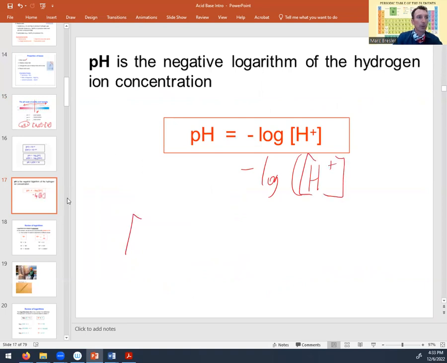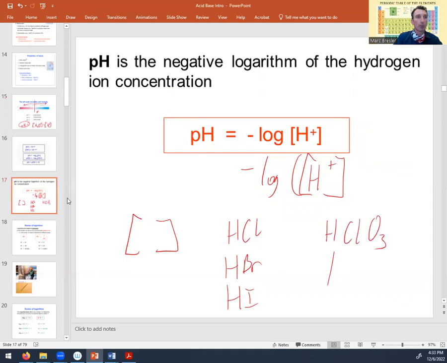So if you know the concentration of a strong acid, like HCl, HBr, HI, HClO3, HClO4, HNO3, H2SO4, 1, 2, 3, 4, 5, 6, 7.